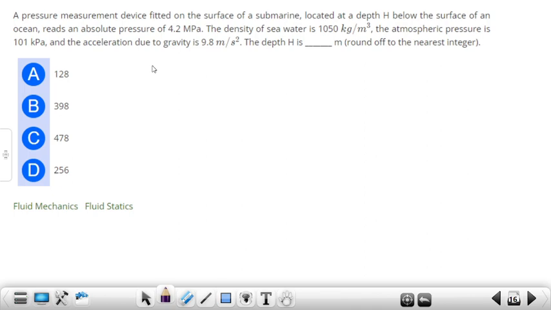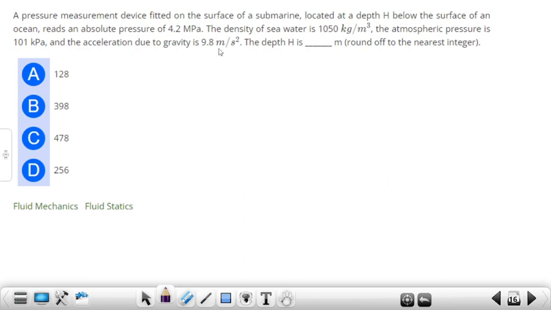Next question. A pressure measurement device fitted on the surface of a submarine located at depth h below the surface of an ocean reads an absolute pressure of 4.2 megapascal. Density of seawater is 1050 kg per meter cube. The atmospheric pressure is 101 kilopascal.